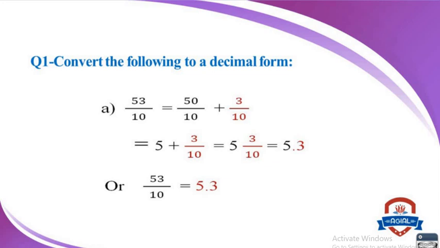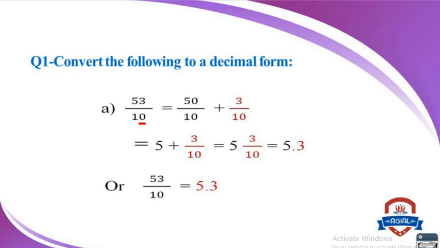Convert the following to a decimal form. For example, 53 over 10. I have two ways, and I have to keep the two ways. Okay, 53 over 10. I will search for a number divisible by 10, so this number must start with 0 in units place. Excellent. So 53, the closest is 60 or 50? Yes, 50.